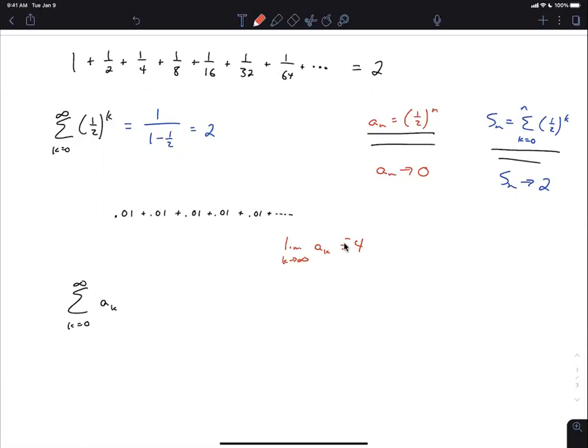Does that make sense to everybody? If you're trying to determine whether or not the series converges, the beginning doesn't matter. It does matter for what it converges to, but not for whether it converges. If the limit of the sequence is 4, the series automatically diverges. If the limit of the sequence is -4, the series automatically diverges.